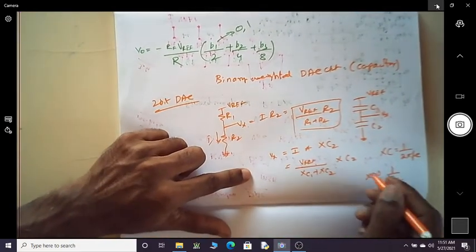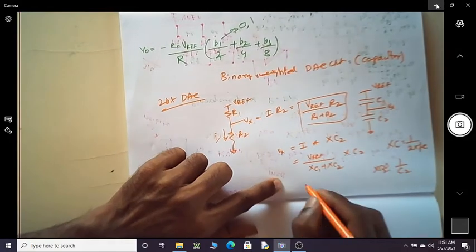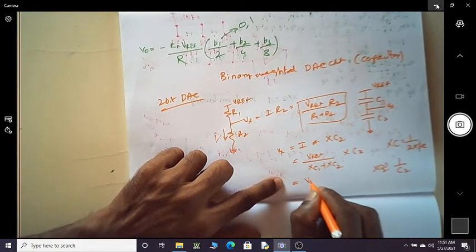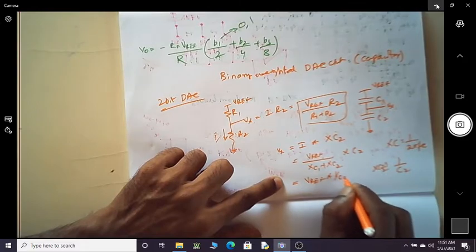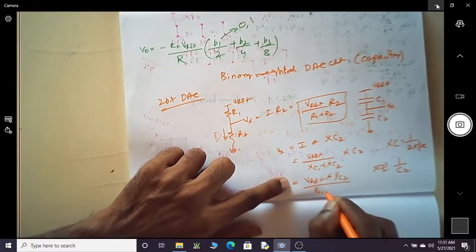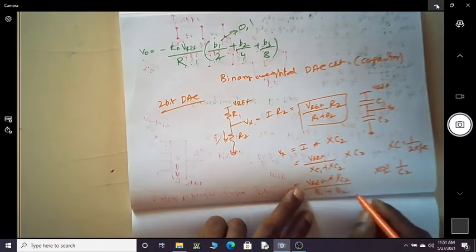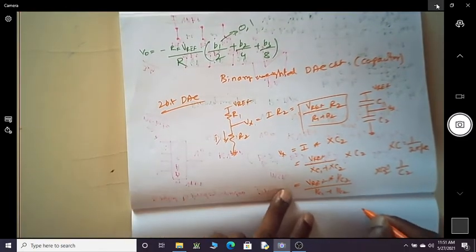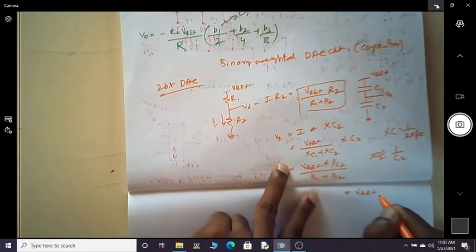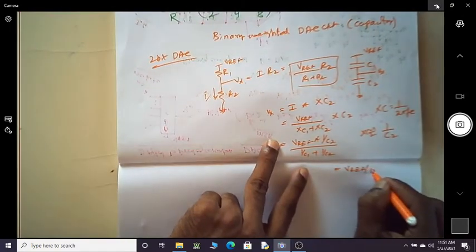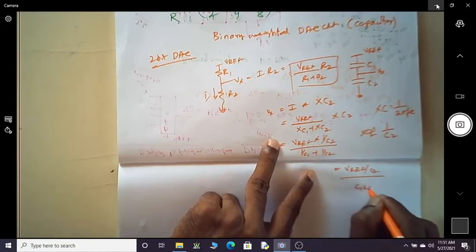So upon substituting this relation, I can write V reference multiplied by 1 over C2 divided by 1 over C1 plus 1 over C2. Upon simplifying, I end up with V reference by C2, and this is C1 C2, and it is C1 plus C2.